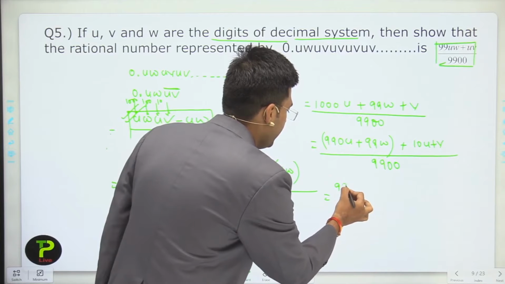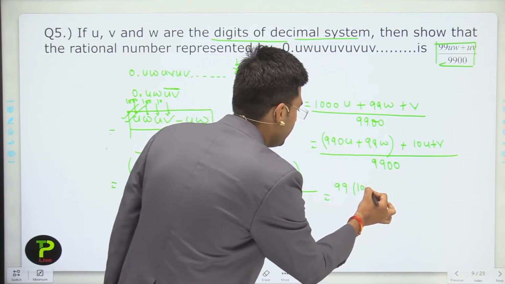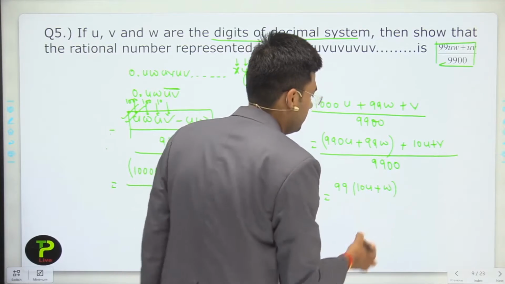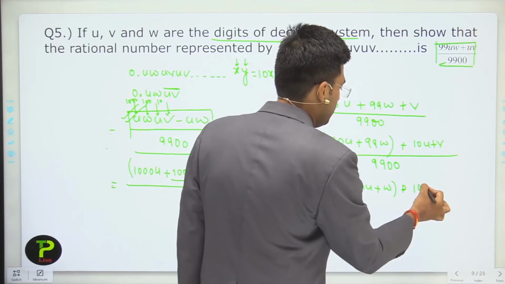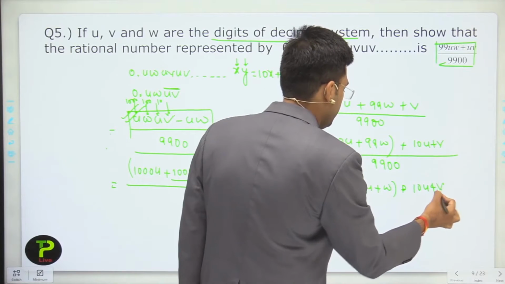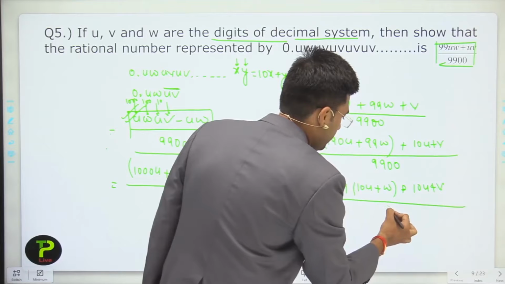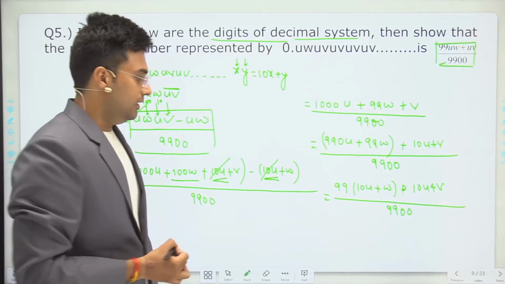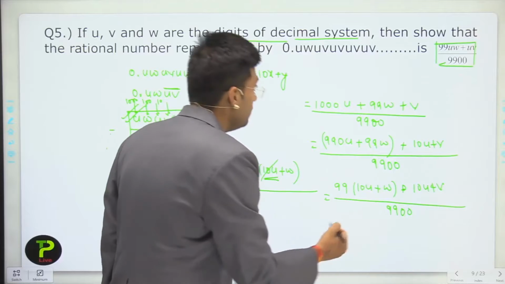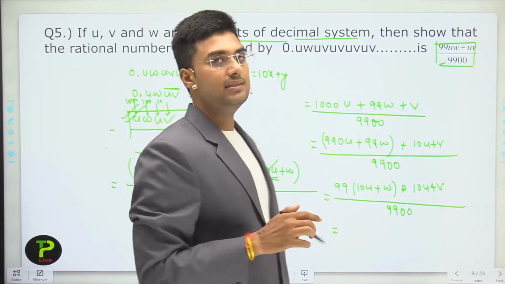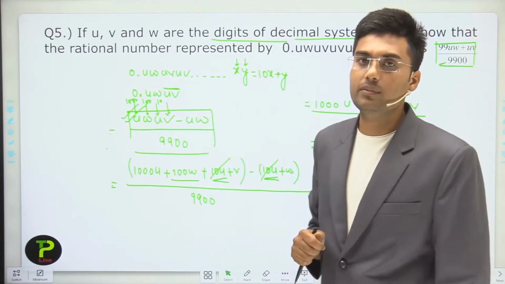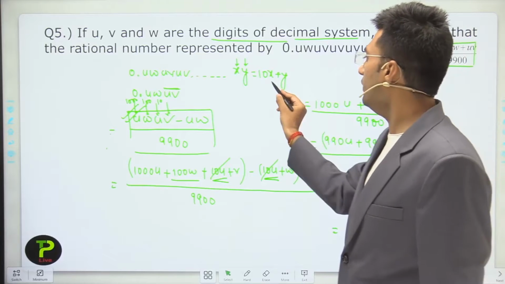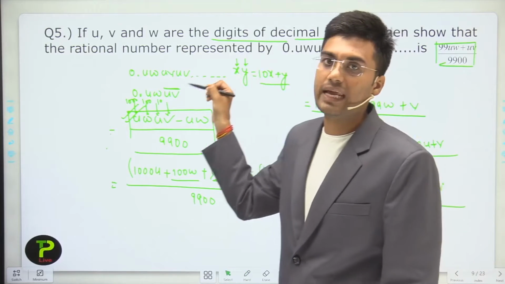When we take 99 as common, we will get 99 times (10U plus W) plus 10U plus V divided by 9900. Dear students, now if we write xy as 10x plus y in the decimal number system, then again we can write 10x plus y as xy.